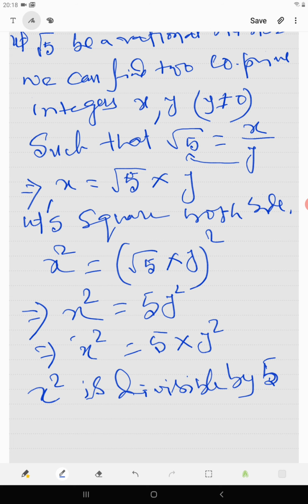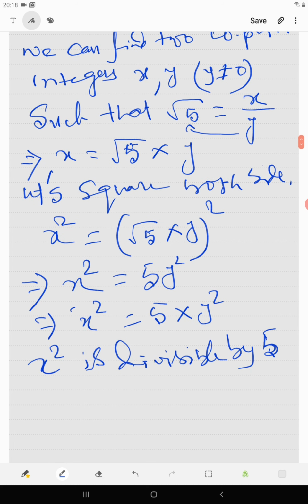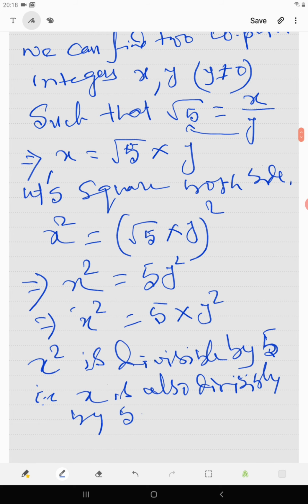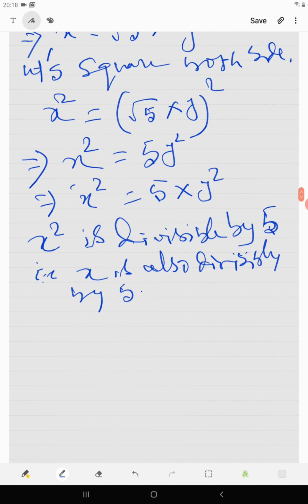Okay. So if x square is divisible by 5, that says that x is also divisible by 5. Why? You want to know why?